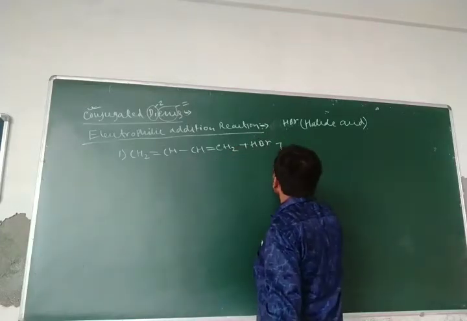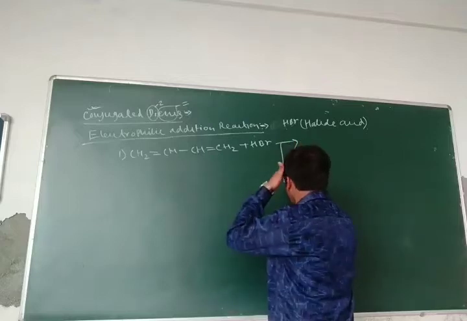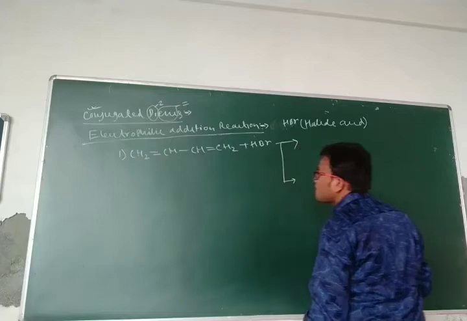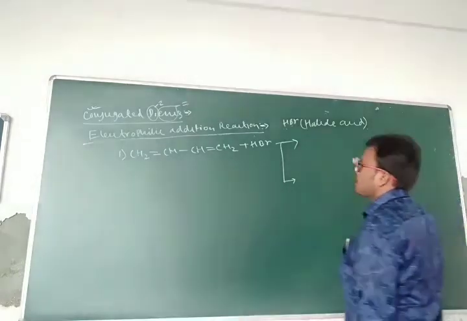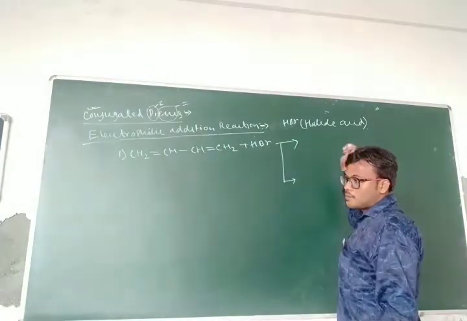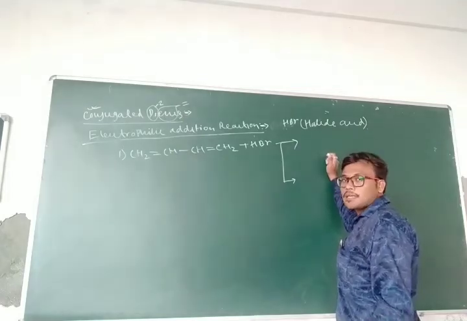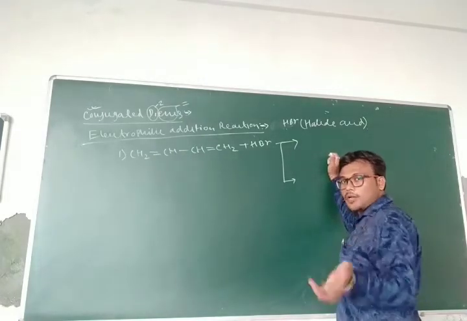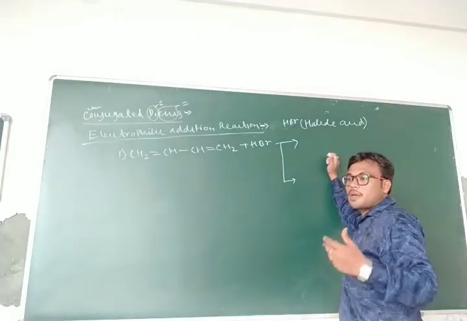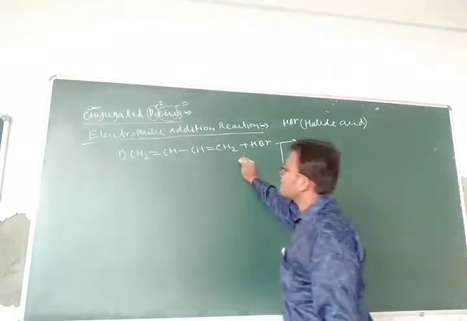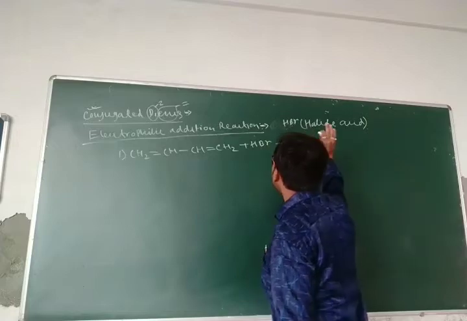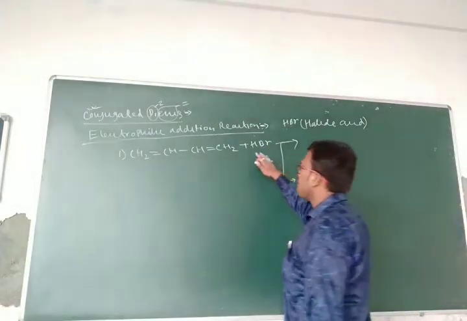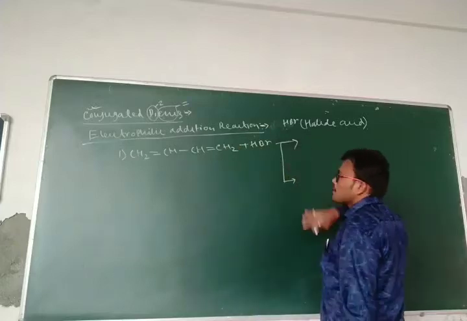So similarly, a mixture of two compounds may be produced in this reaction, similar to the addition reaction with halogen. Just like the addition reaction of halogen, in this reaction two final compounds may be produced because the probability is stated like this.